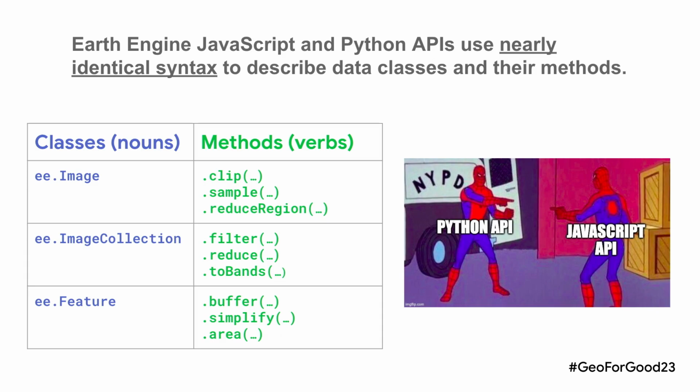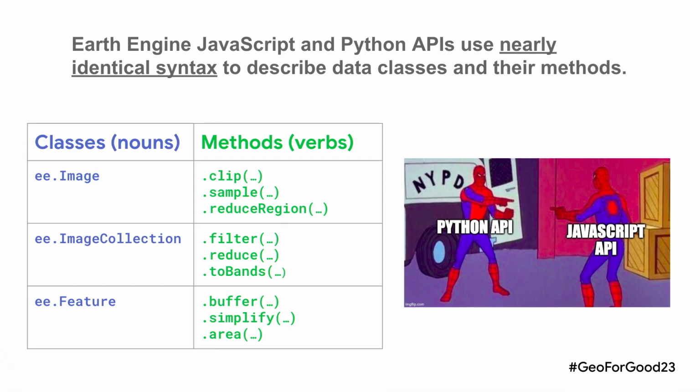Yeah, so we talk about the JavaScript and the Python APIs, but 90% of what you're going to write in code is this sort of Earth Engine language, or this EE script, we could maybe say, and it's basically nouns and verbs. These nouns are these Earth Engine classes, these objects, these data types, like an image or an image collection or a feature, and then the things that you can do with them, the methods.